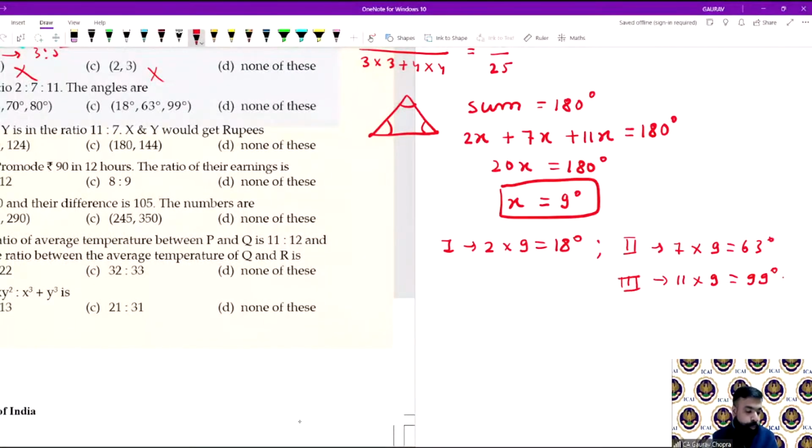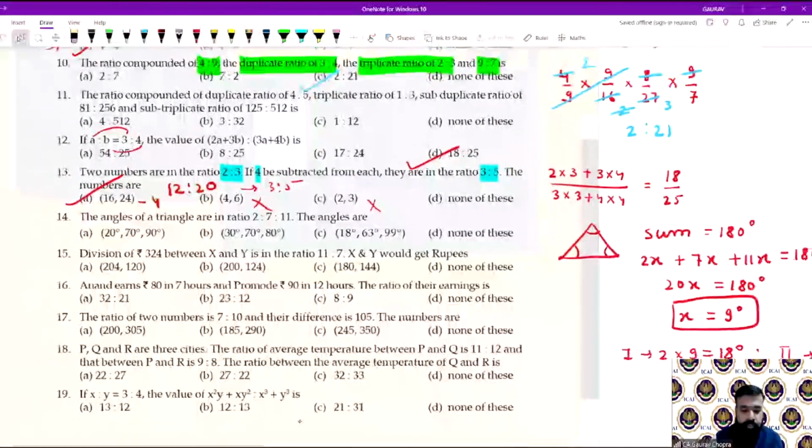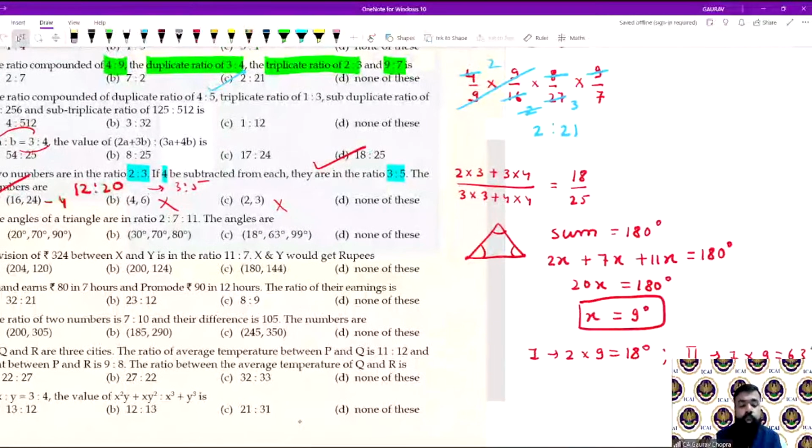So Manika has given the answer. Sadhana is asking, is there any other method? Yes, for the previous question, Sadhana was asking for any other method. Yes, you can solve that using equation. If we talk about the previous one, the ratio was given as 2:3.